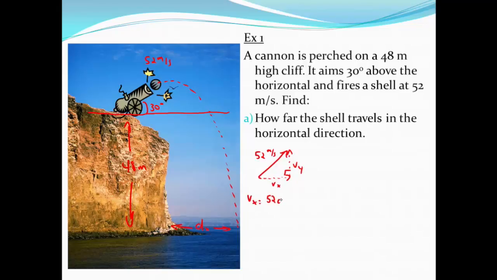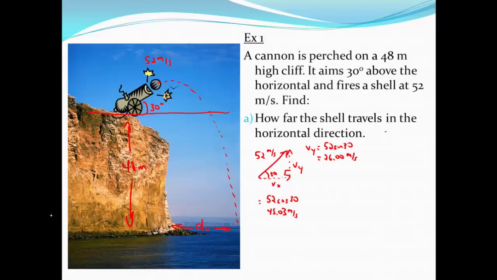Vx is equal to 52 cosine of 30 degrees, which is equal to 45.03 meters per second. And we know that Vy is equal to 52 sine 30, which is equal to 26 meters per second.